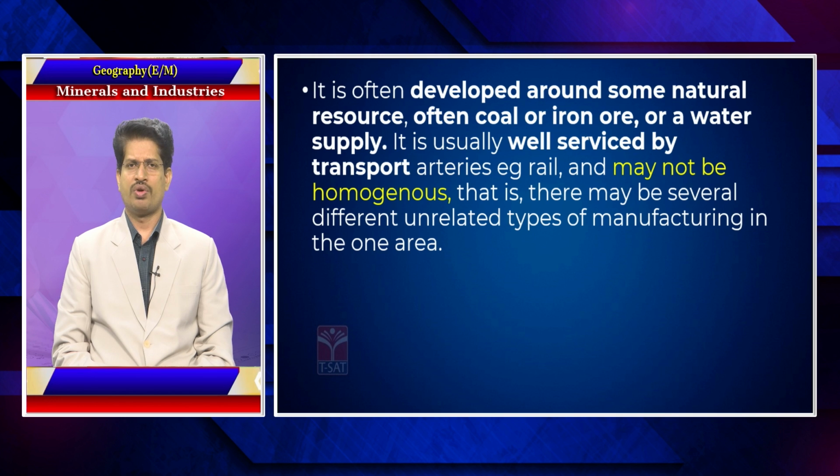Homogeneous means that in an industrial region there need not always be the same type of industries established. When an industry is established in a region, ancillary industries develop surrounding these industries.